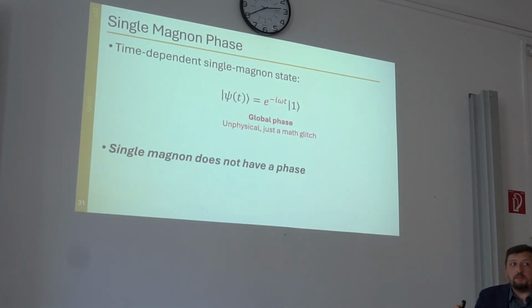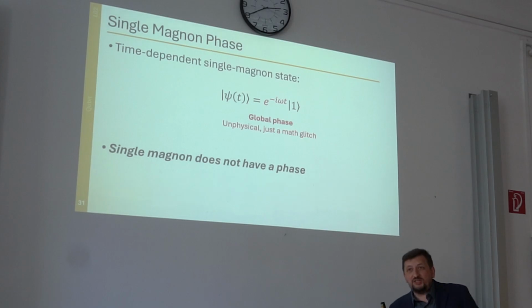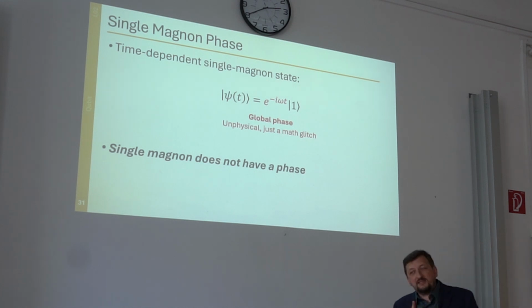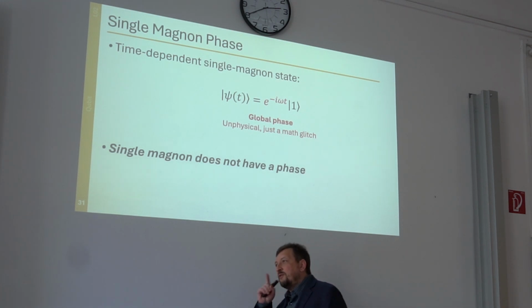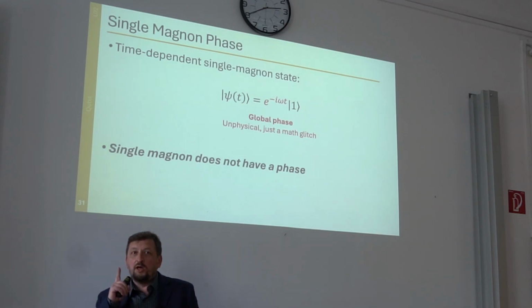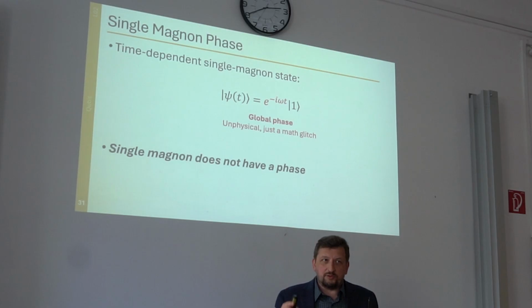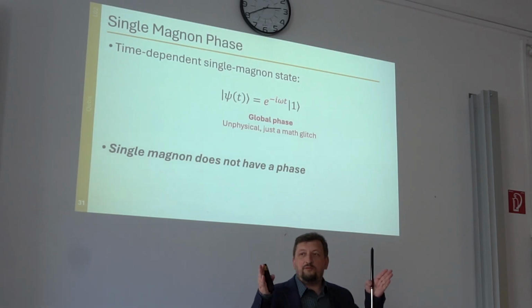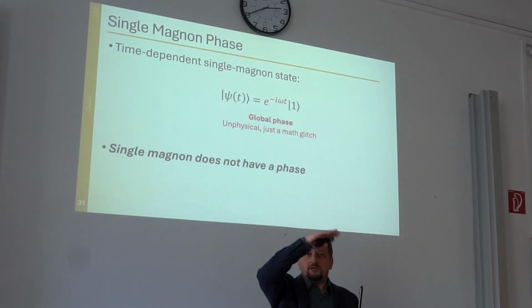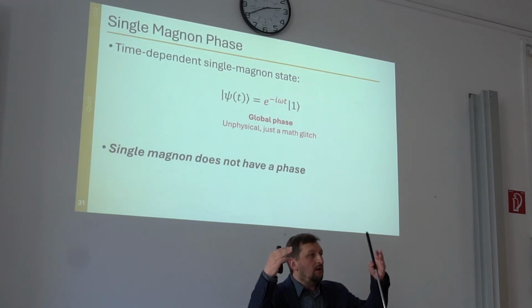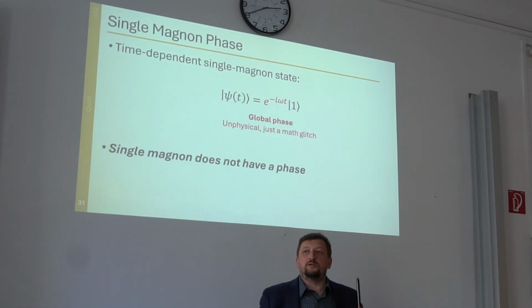If we have a single magnon, what changes in time is its global phase, and we cannot measure it. So a single magnon does not have a phase. This is exactly the same conclusion as with quantum harmonic oscillators. If you remember, when you studied quantum harmonic oscillators in introductory physics, this is the potential, and these are the eigenfunctions that correspond to the zero state, the vacuum state, the first state, and so on.